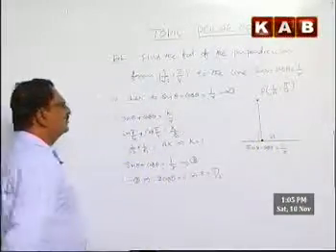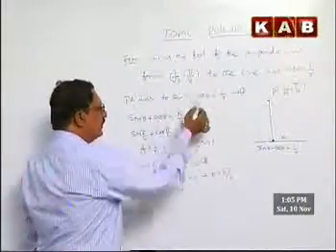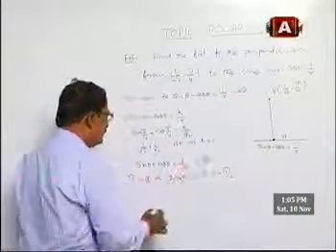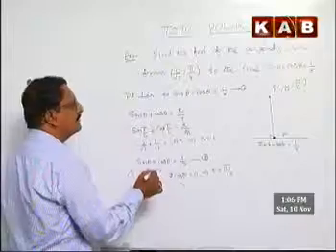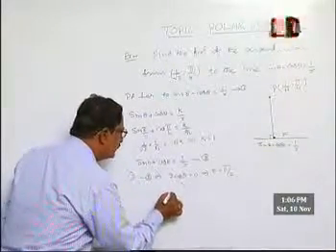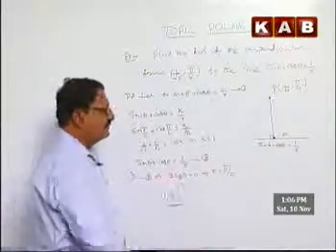Substituting in either equation, we get r equals to 1. Therefore, the required foot of the perpendicular of the given point P on the given line is 1 comma pi by 2. 1 comma pi by 2 is the required answer.